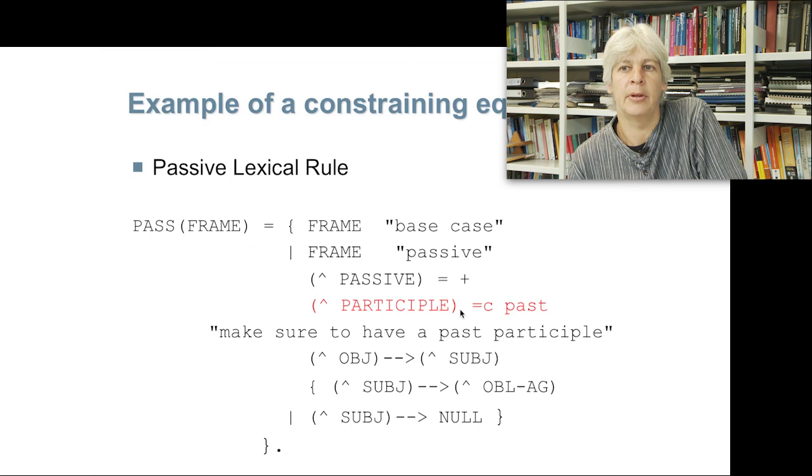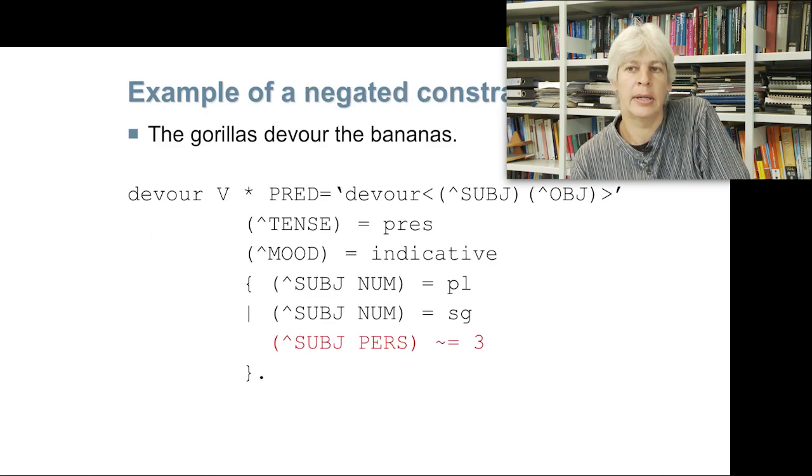Okay, here's an example of a negated constraint. We have a predicate, devour, and it says my subject number can be plural or it can be singular, but only if the person is not third person. If the person does not have a value 3, okay? It could be first or second person, but not third person. That doesn't work. We can't say he devoured the bananas.